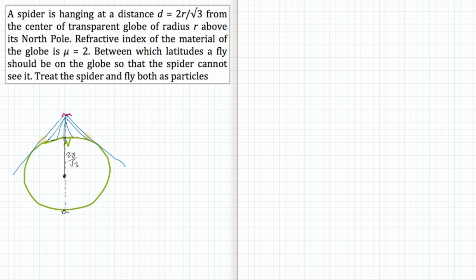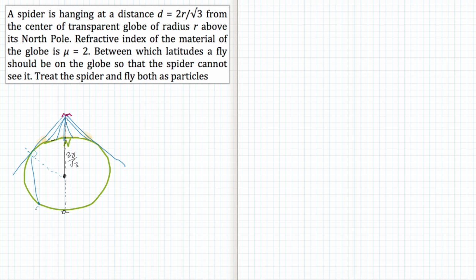Suppose for example this ray will give a directly opposite end. If you consider this ray, this is the normal, and this is the angle 90 degrees. Suppose here the angle of incidence is 90 degrees, so rays will be refracted here, and suppose it goes somewhere like this.